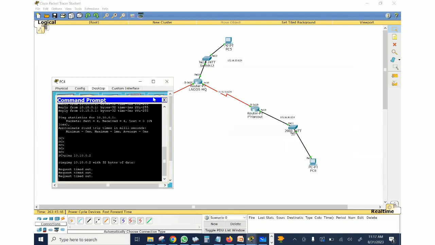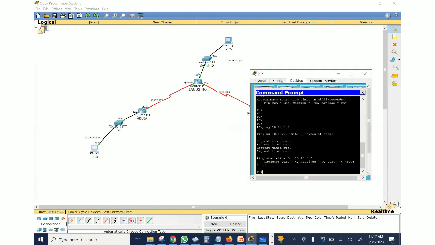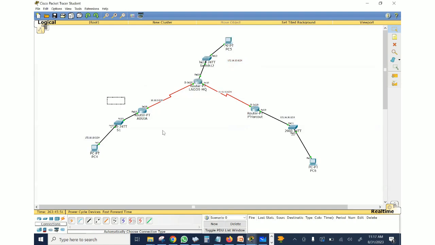It can't go beyond here. This router doesn't know about this network. The Abuja router does not know about the Lagos router's connected network, and it doesn't know about the Port Harcourt connected network. The same way, the Port Harcourt connected network does not know about the Lagos connected network and does not know about the Abuja connected network.